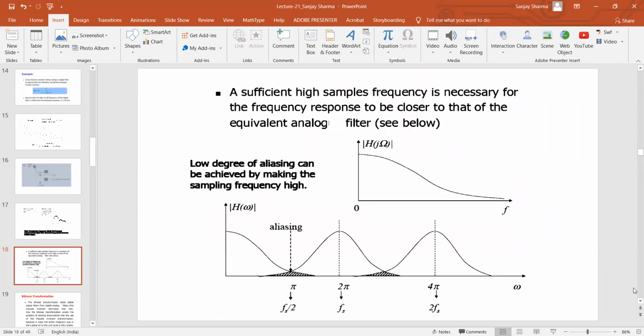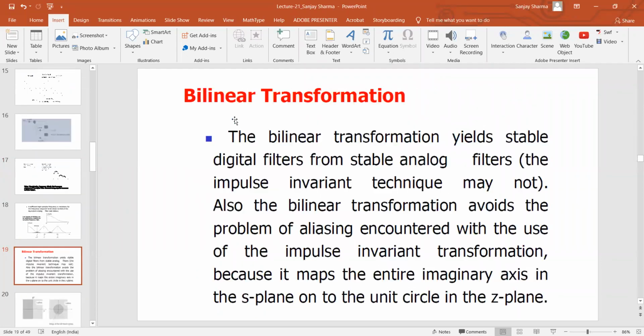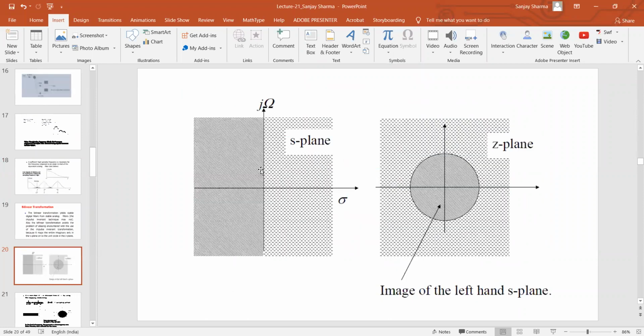In the bilinear transformation, the complete left side of the j capital omega axis, the complete left side of the S plane, goes inside the unit circle.